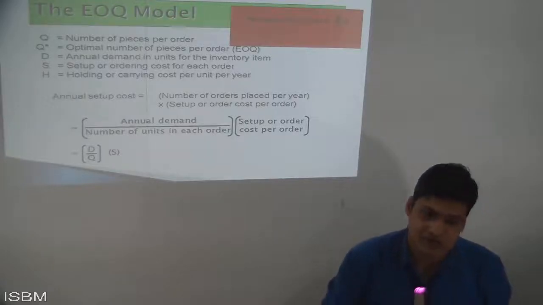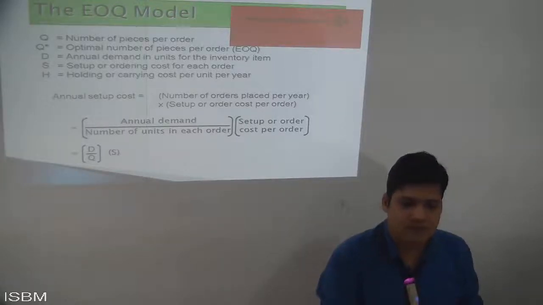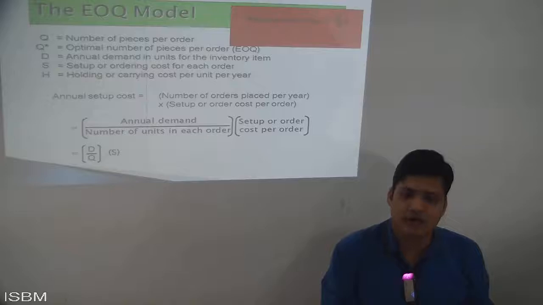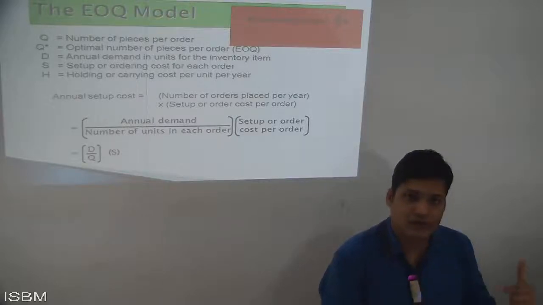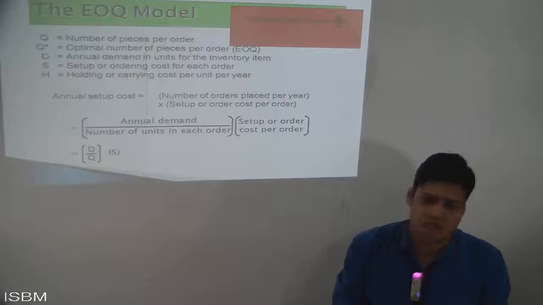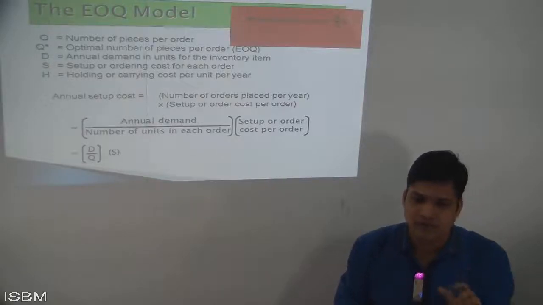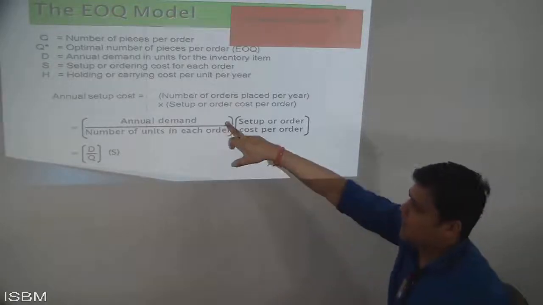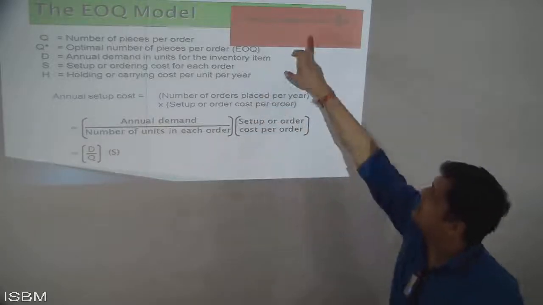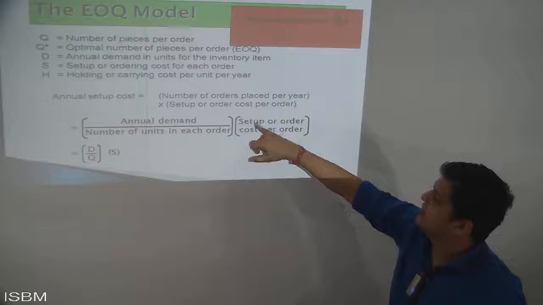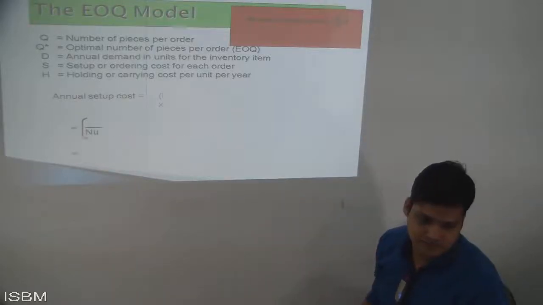So annual setup cost is equal to the number of orders placed per year times the ordering cost per order. The number of orders is annual demand divided by the number of units per order, which is D by Q, times S. S is the setup cost or ordering cost.